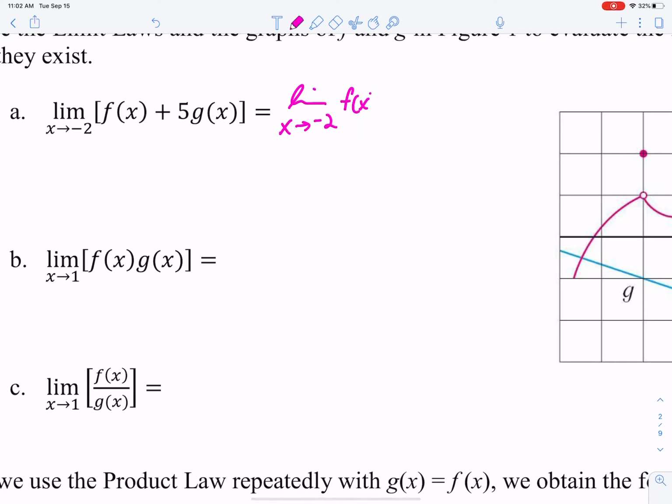So the limit as x approaches -2 of f(x) plus, and we'll use the constant multiple rule here, plus 5 times the limit as x approaches -2 of g(x). Now we'll find all the pieces.